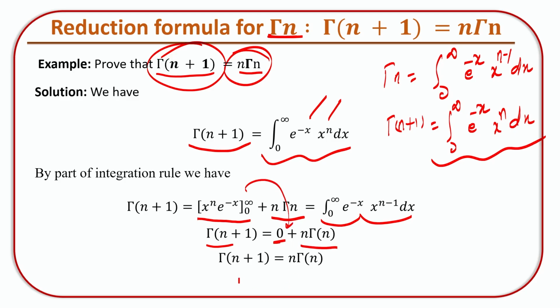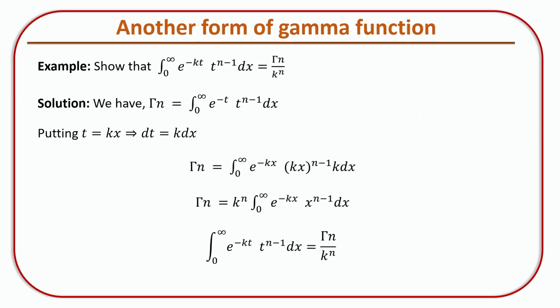So this will come right now as gamma n plus 1 is equal to n into gamma n. That means the reduction formula has been proved easily by using the definition of the gamma function itself.